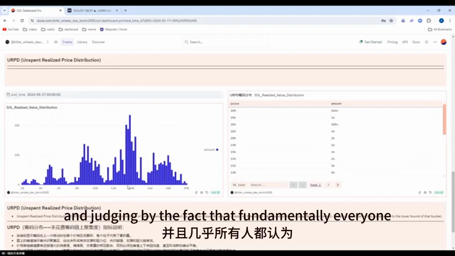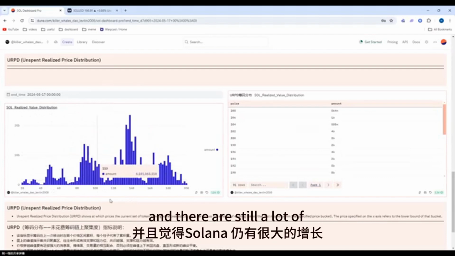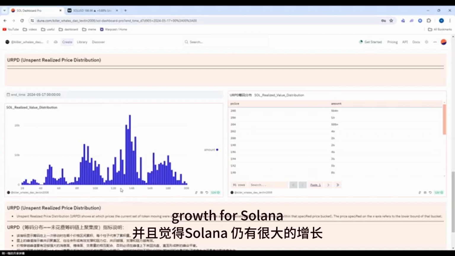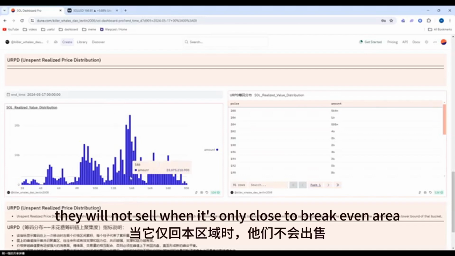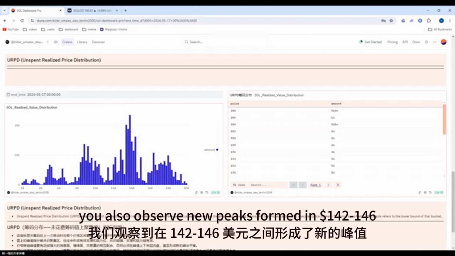And judging by the fact that fundamentally everyone still thinks we are in the middle of the bull run, and there is still a lot of growth in Solana, they will not sell when it's only close to the break-even area. However, you also observe new peaks formed at 142 to 146.